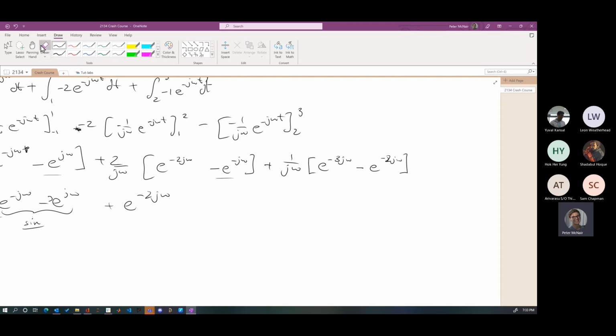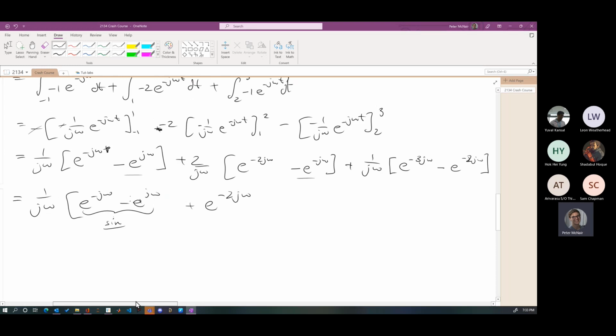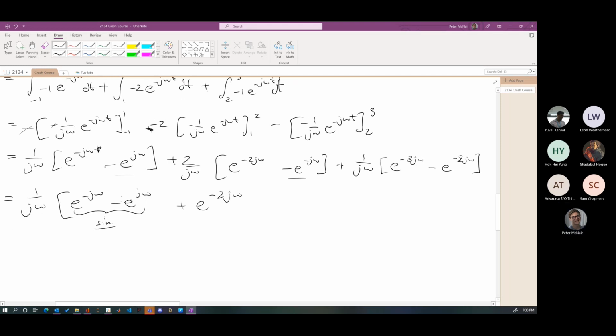Anyway, so this one gets subtracted with that one, which means we want a negative e to the j omega, e to the minus j omega. And then also the e to the minus 3j omega.